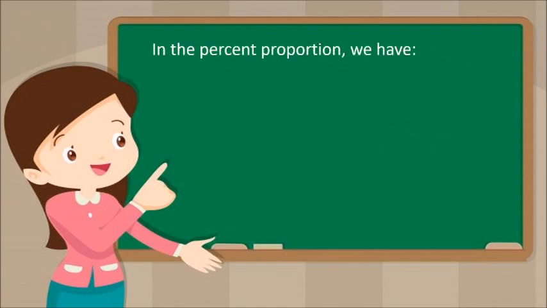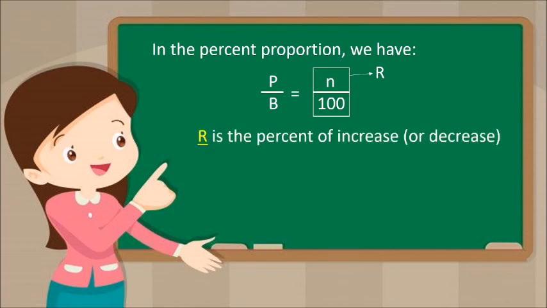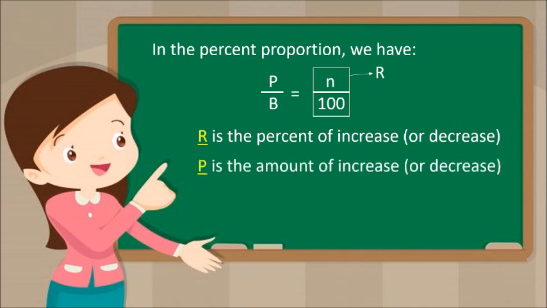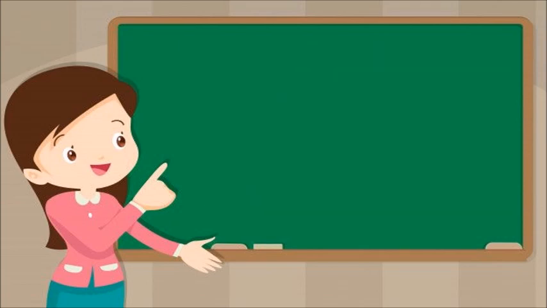In the percent proportion, we have P over B is equal to N over 100, which is equal to R. So R is N over 100. R is the percent of increase or decrease. P is the amount of increase or decrease. And B is the original price.